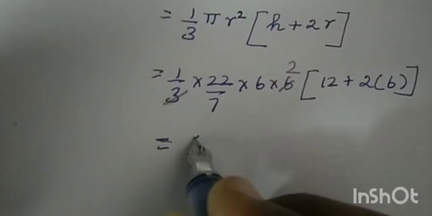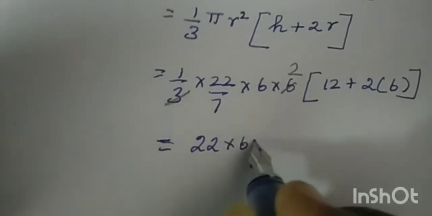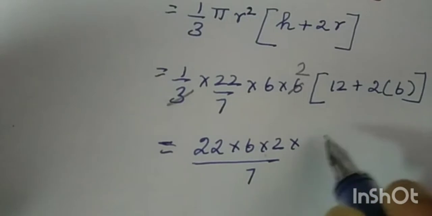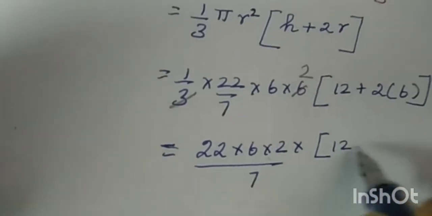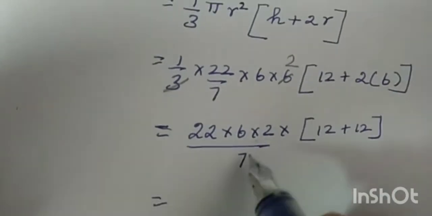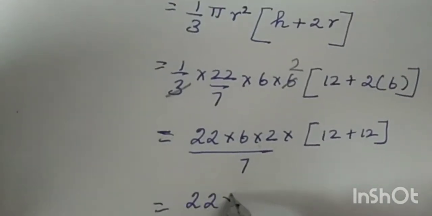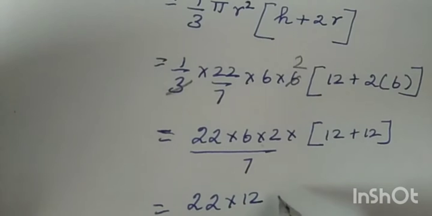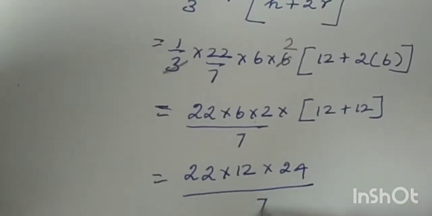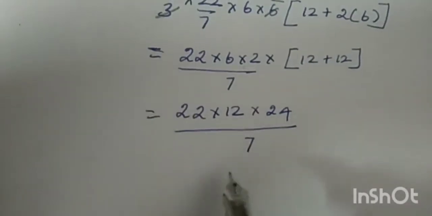Now the remaining will be 22 into 6 into 2, the whole divided by 7 into 12 plus 6 2s are 12 again. So 22 into 6 2s are 12. 12 plus 12 is 24. The whole divided by 7.